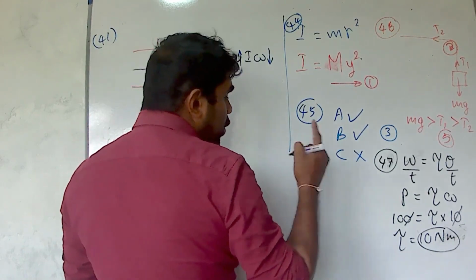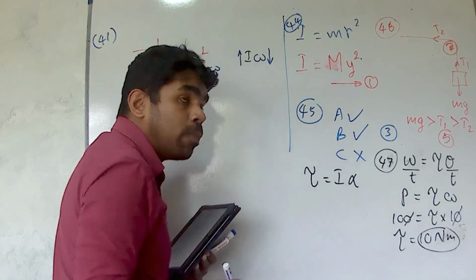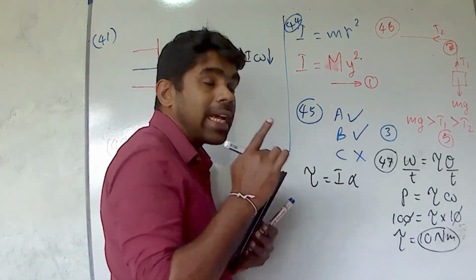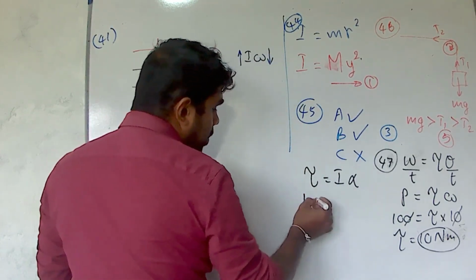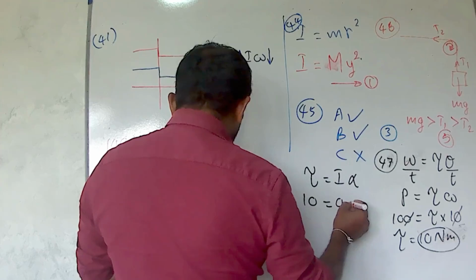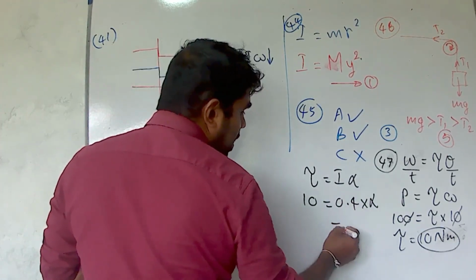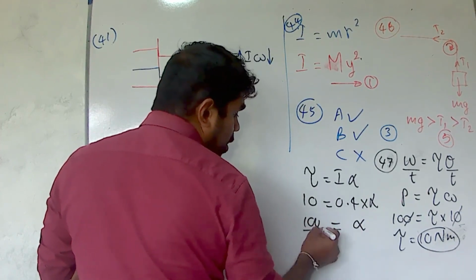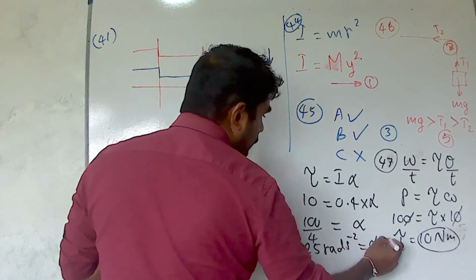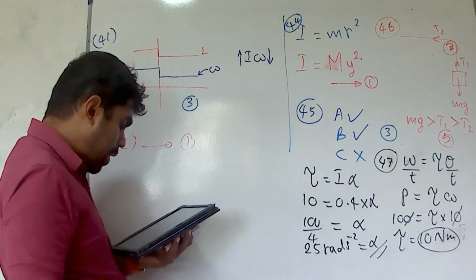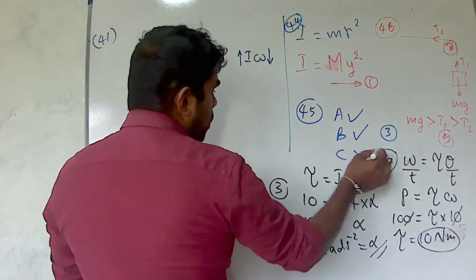Then, when considering frictional torque, we can use tau equals I alpha in the opposite direction of movement, because frictional torque is acting in the opposite direction. Now torque is 10. Moment of inertia is given as 0.4 into alpha. We can find the alpha value. Alpha means angular deceleration. 100 divided by 4, 25 radians per square second is the angular deceleration. Then we can get the third one is the correct answer for question number 47.